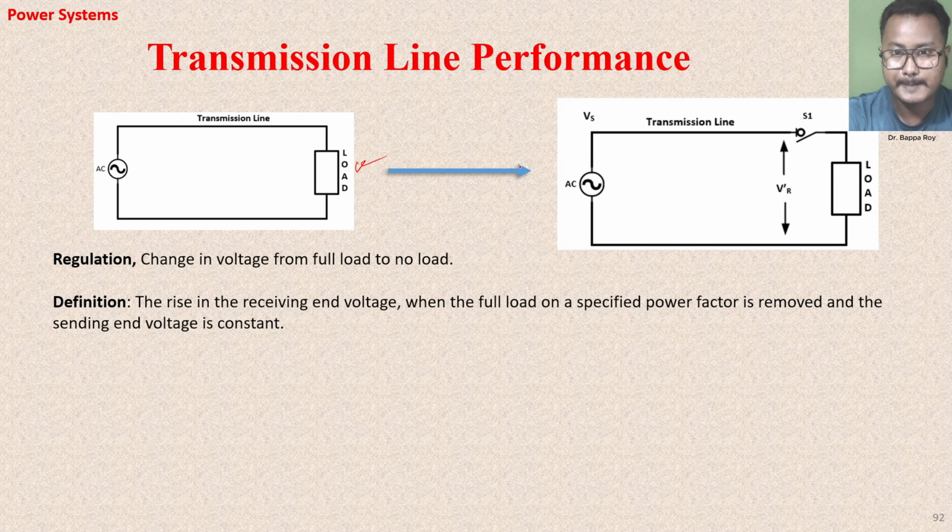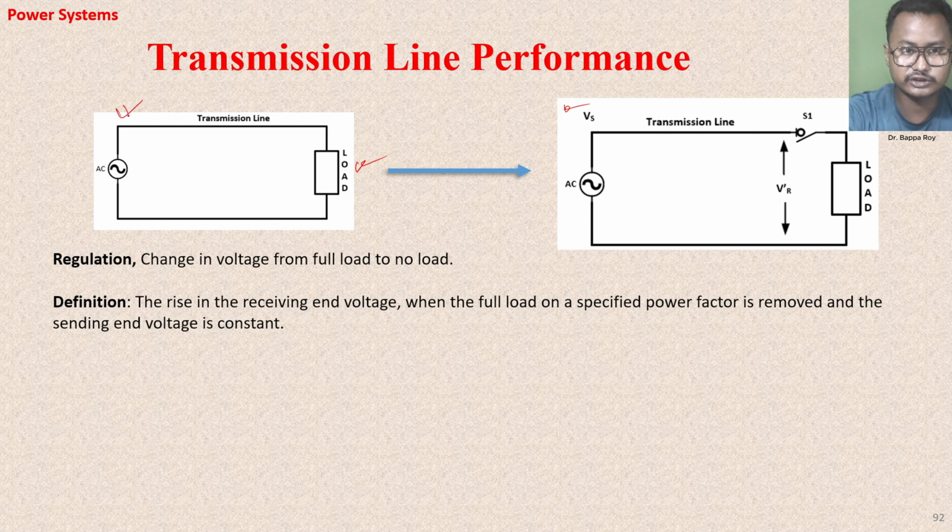Here we can see the same diagram we have drawn. This is the AC source, this is the sending end, and this is the receiving end, and we have added a switch here, S1. In this figure, the S1 switch is added. So we have opened this switch, and now there is no load.